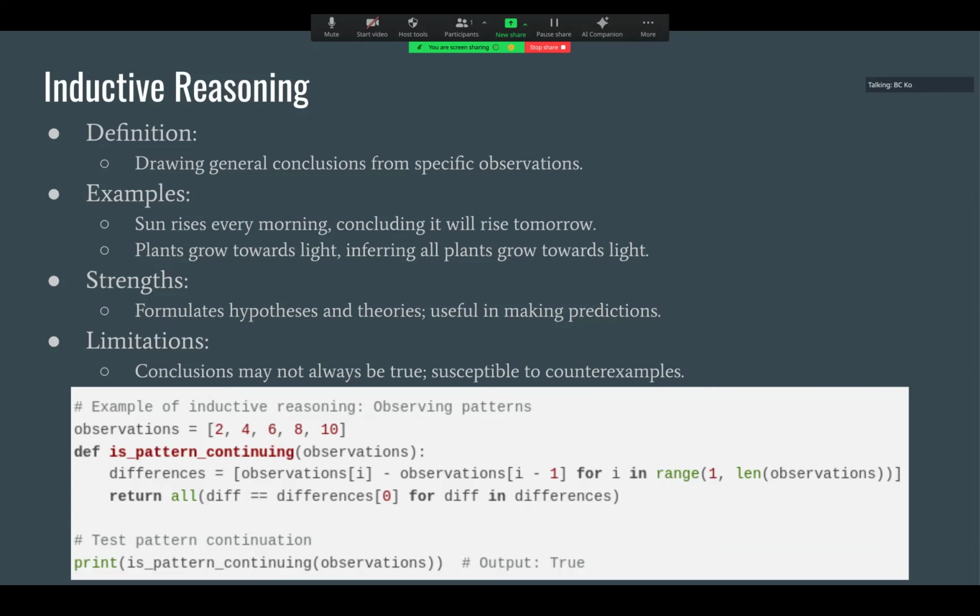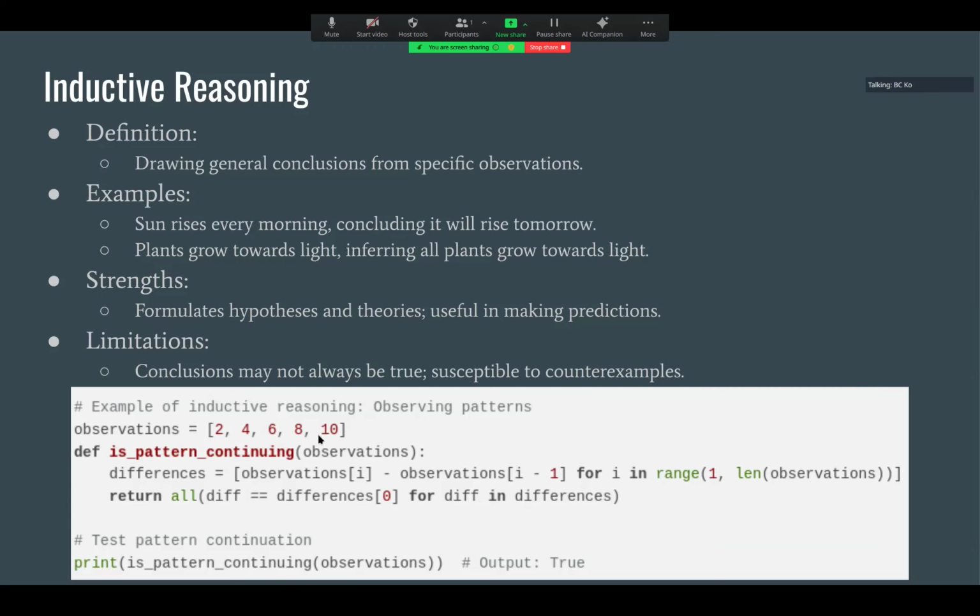And this type of inductive reasoning has its strengths and limitations. On the positive side, it allows us to formulate hypotheses and theories and make predictions. However, the conclusions drawn from inductive reasoning may not always be true as they are susceptible to counterexamples.